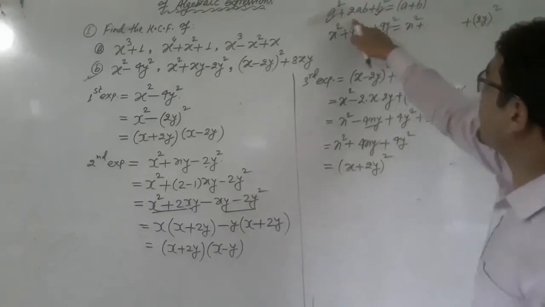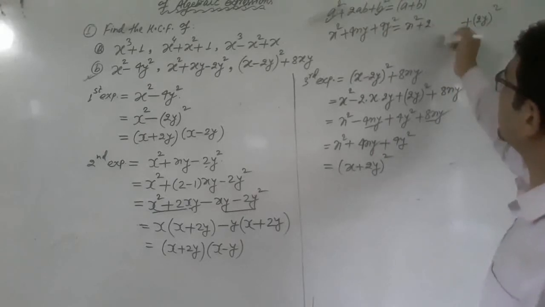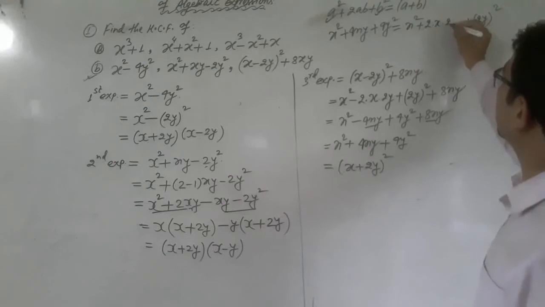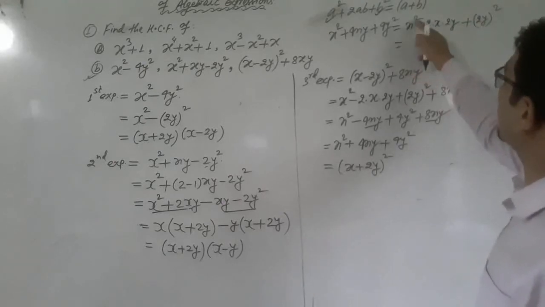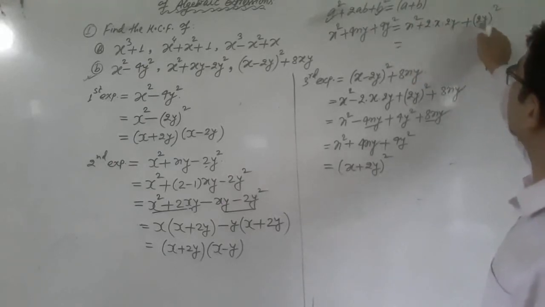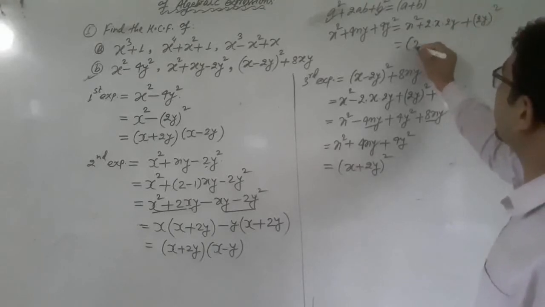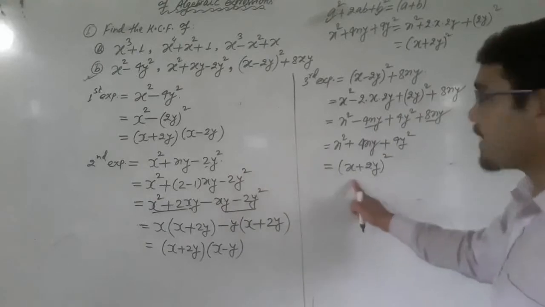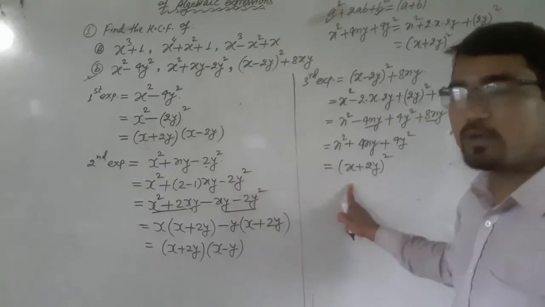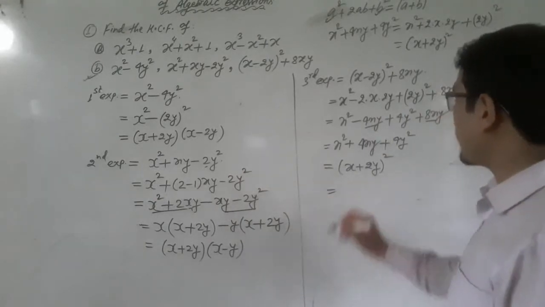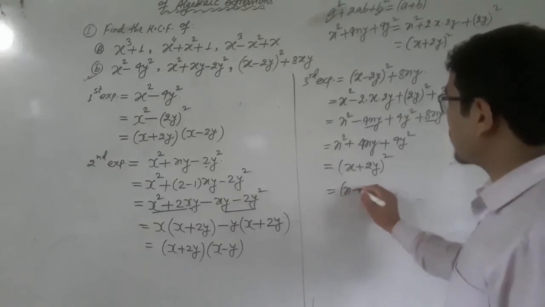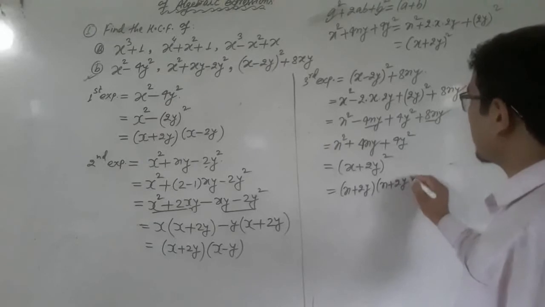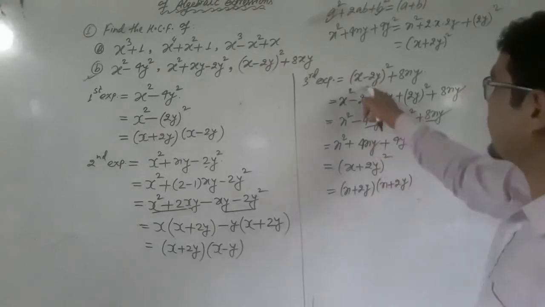And now plus 2 from the formula, into a, which represents x, into b, which means 2y. So everybody, you know this is the a square plus 2ab plus b square formula. That means we can write a plus b whole square, that is x plus 2y whole square. So I am writing this directly; you have to know it. That is, x plus 2y whole square means x plus 2y into x plus 2y, 2 times we can write. These are the 2 factors of this expression.